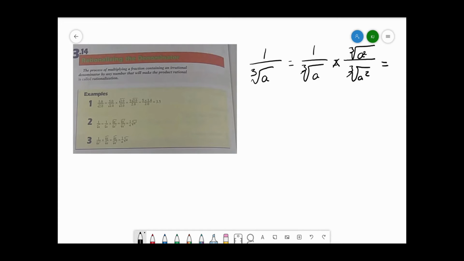Because this just means that it's the cubed root of a squared over top of the cubed root of a squared. Basically, they both end up working together. From there, we can then divide them into each other, and using the process we already know about division, it ends up being 1 over a times the cubed root of a squared.